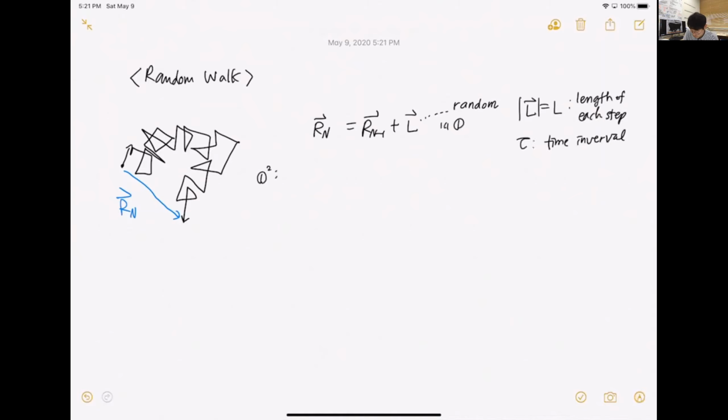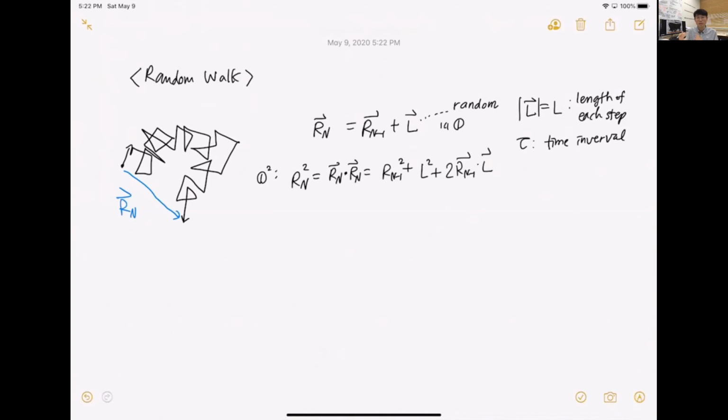This is the scalar value of Rn, the displacement squared, which would be this vector dot product, or (a plus b) squared is a squared plus 2ab plus b squared, such that we have Rn minus 1 squared plus L squared plus 2 times Rn minus 1 vector dot product L vector.